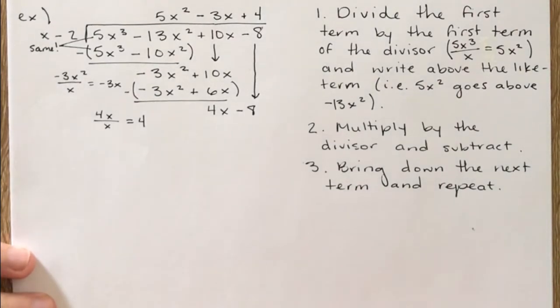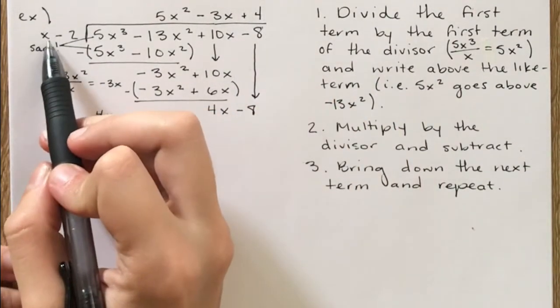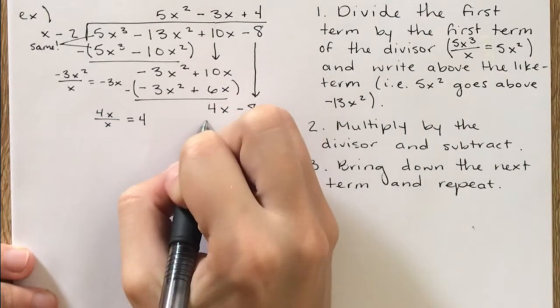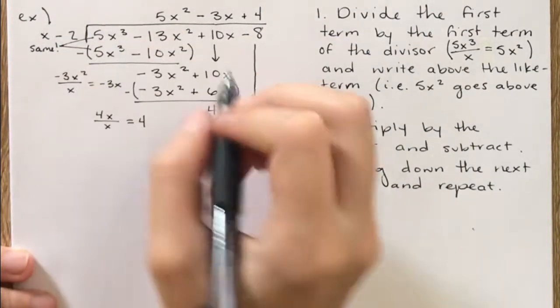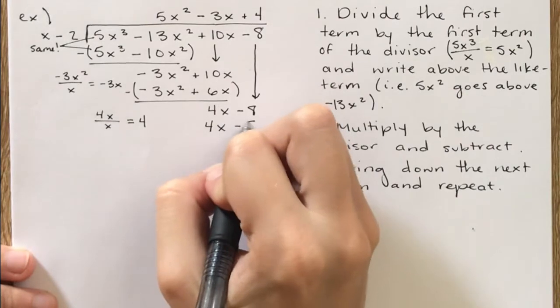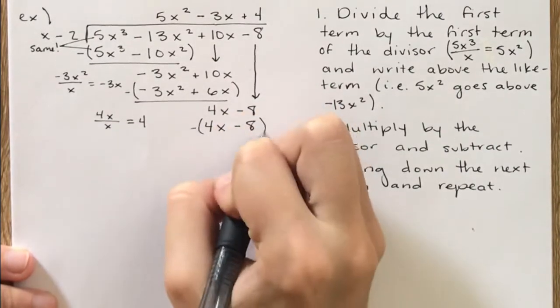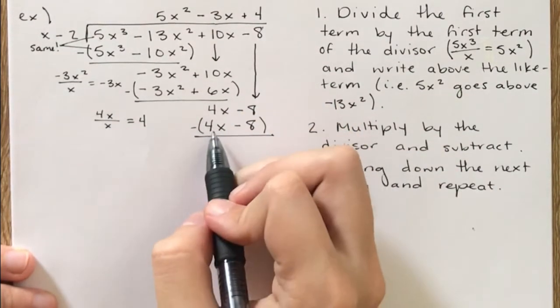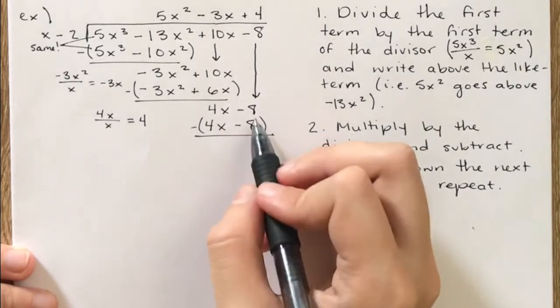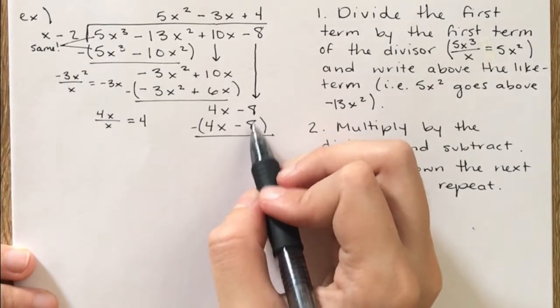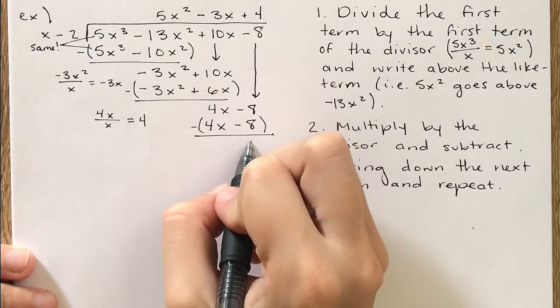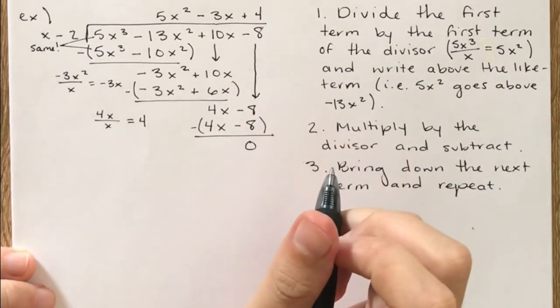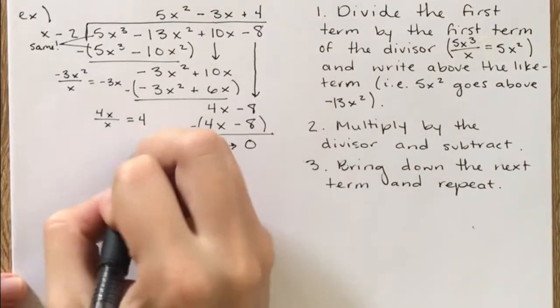And we multiply. We have 4 times x, which is 4x. And then 4 times negative 2, which is negative 8. We subtract 4x from 4x, we get 0. And we subtract negative 8 from negative 8, and we get 0 as well. So this is our remainder.